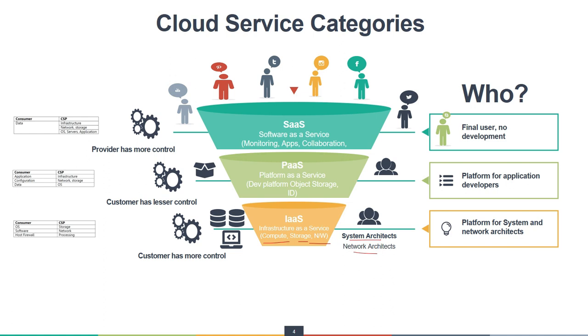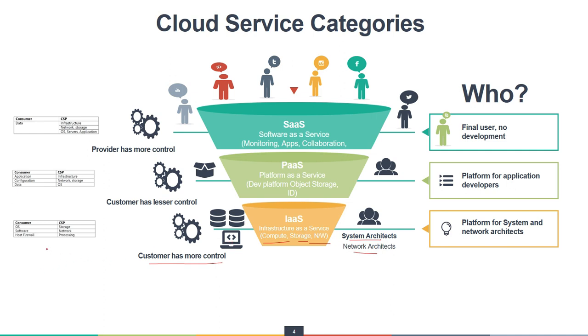Who uses these? This is basically the platform for system and network architects. So the customer has more and more control here at the IaaS level.